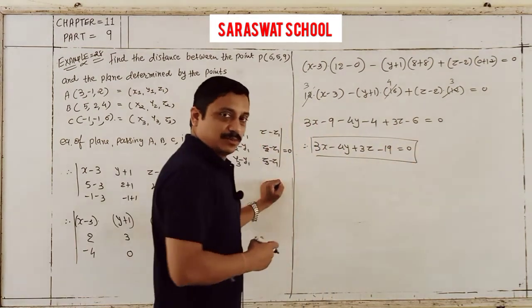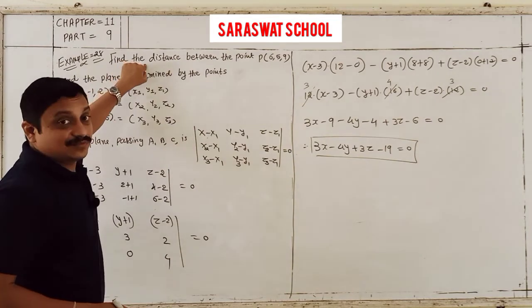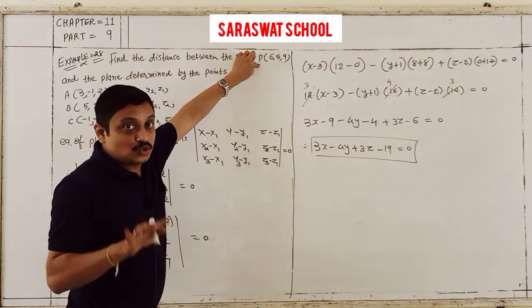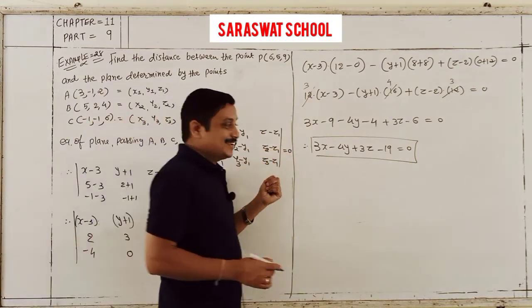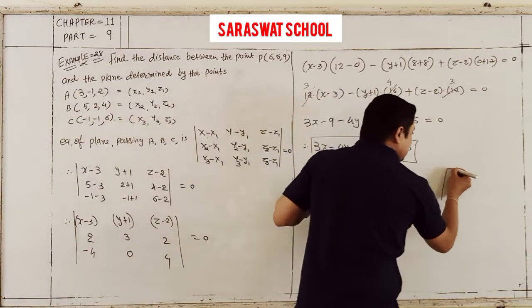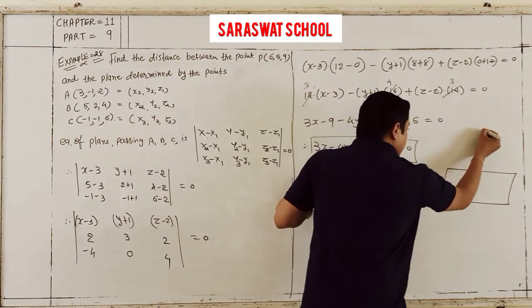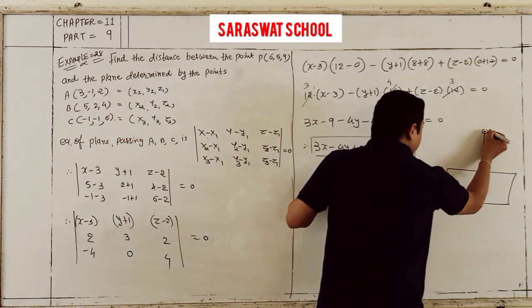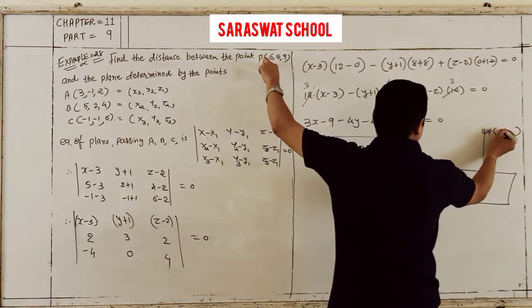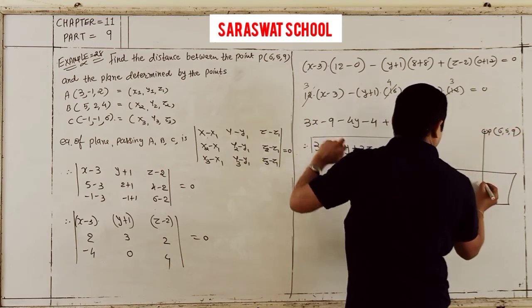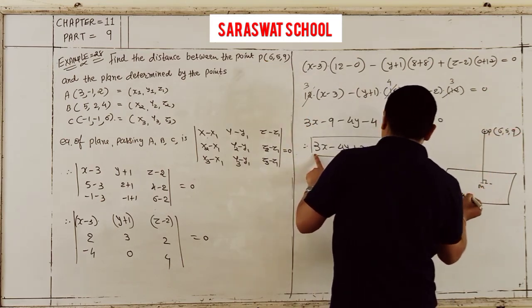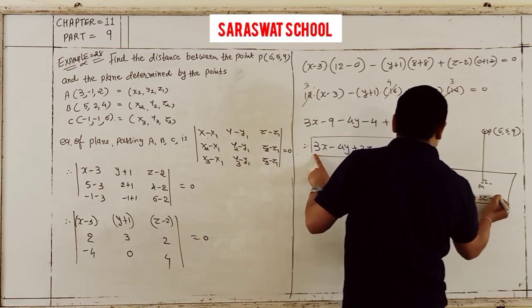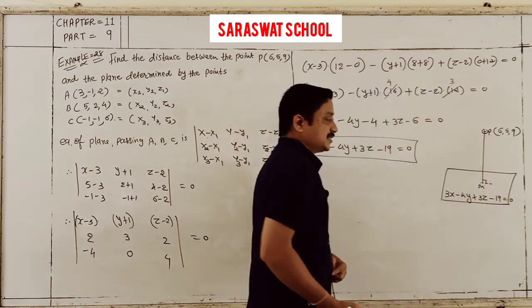Now read the question one more time: find the distance from this point P to the plane passing through A, B, C. So the plane ABC is ready. Students, that's your plane. Here is your distance from P, given as (6, 5, 9), and the plane is ready: 3x minus 4y plus 3z minus 19.